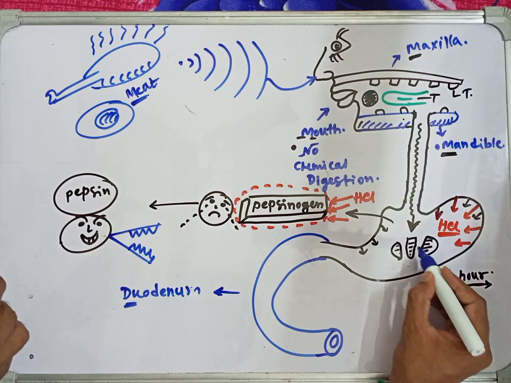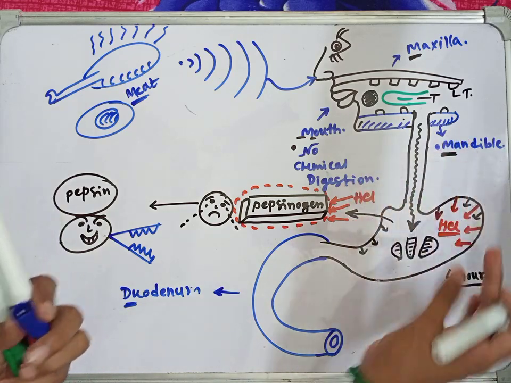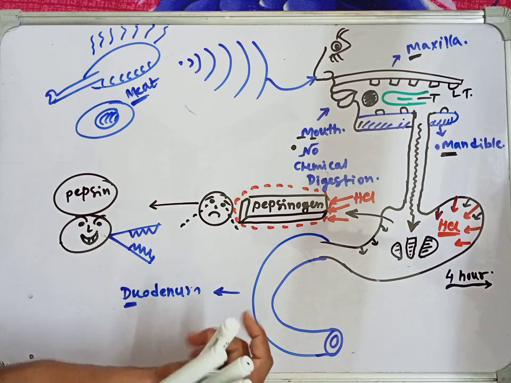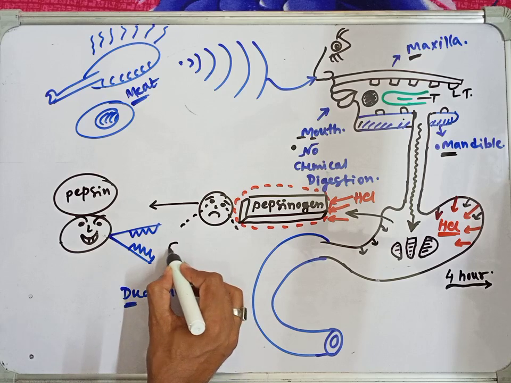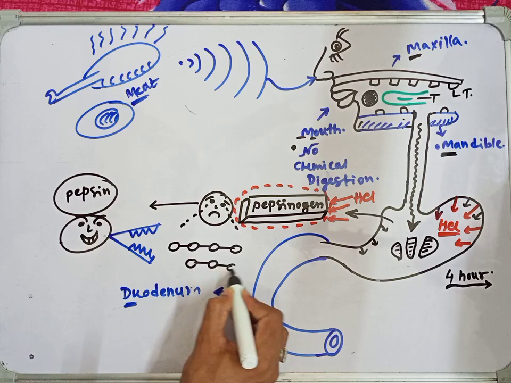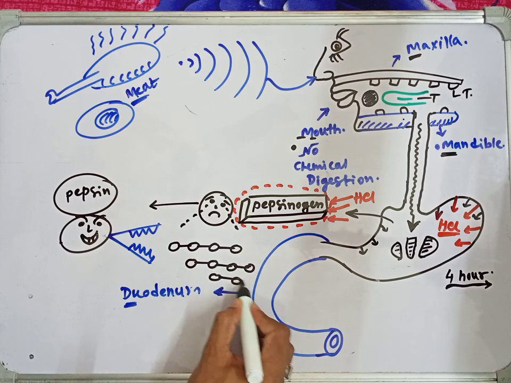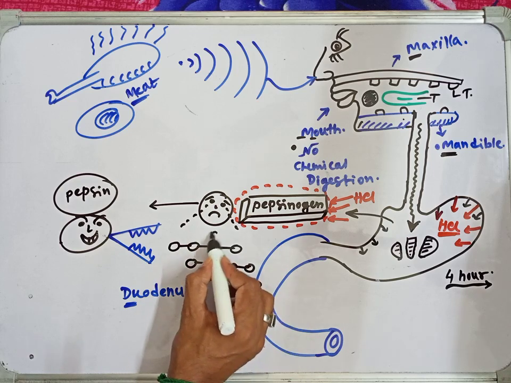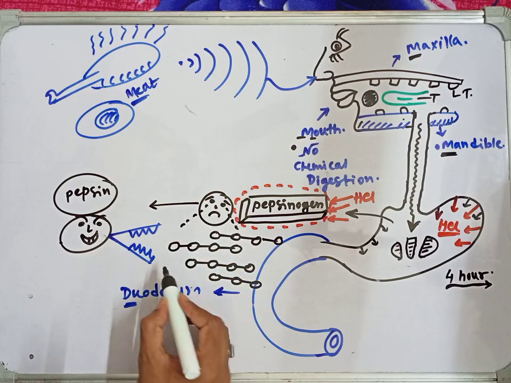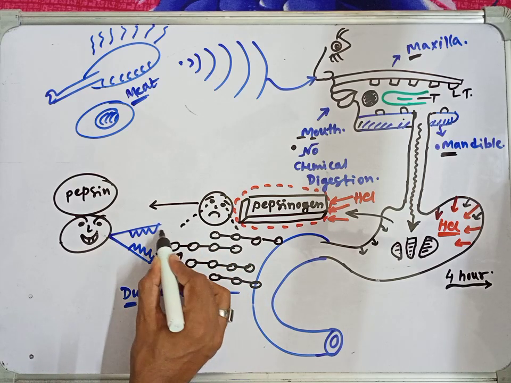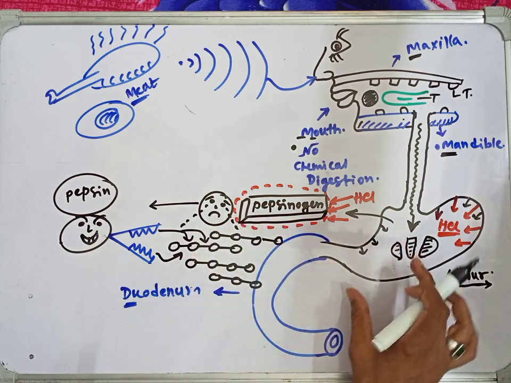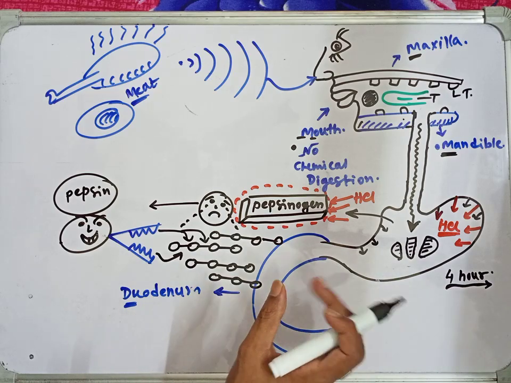The small fragments of protein which were physically digested by teeth, tongue, and jaw are digested again by pepsin, and the protein is fragmented into smaller and smaller pieces called polypeptides.